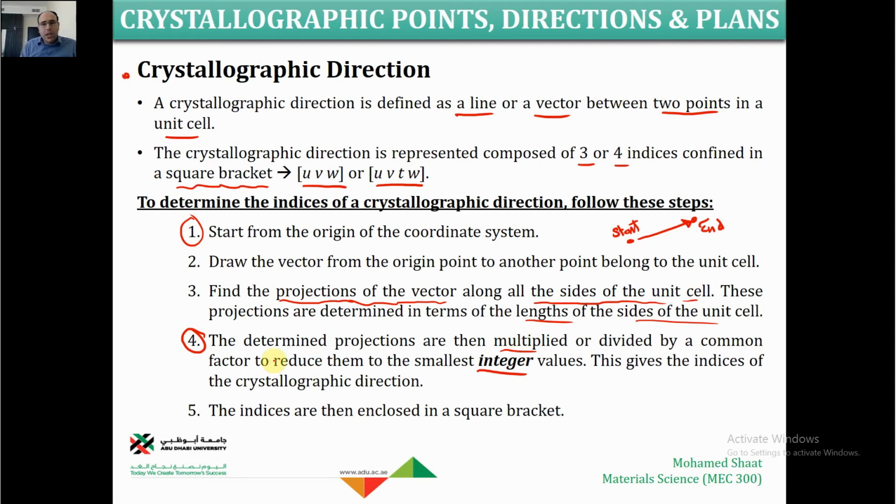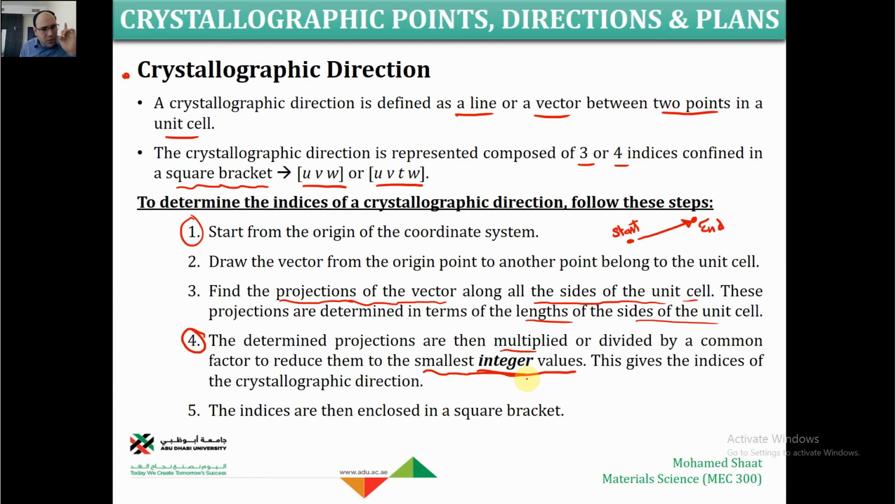So when you calculate the projections, you would likely end up with some fractions. Your objective is to multiply all of these indices by the same integer number to reduce them to the smallest integer values. The smallest, this is the condition.